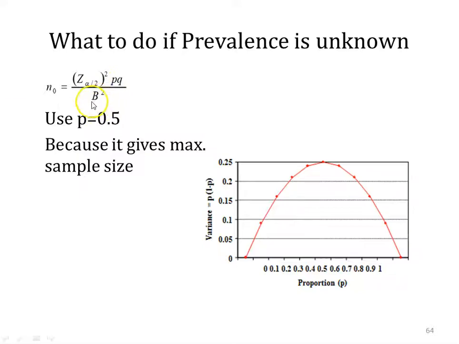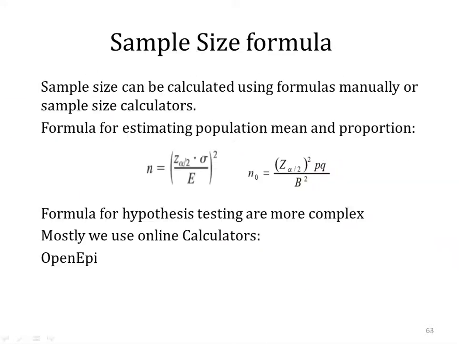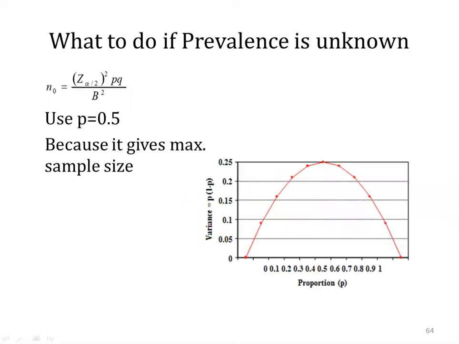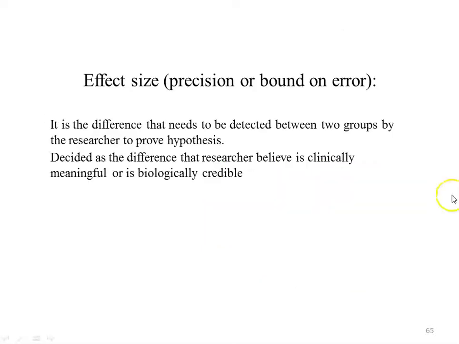This is the effect size, and in the previous formula, this is the mean sample size for population mean. This is written here E. This is same as bound and error. You can write it as E or B. This represents the effect size. The higher the effect size, the lower will be your sample size because it is in the denominator.